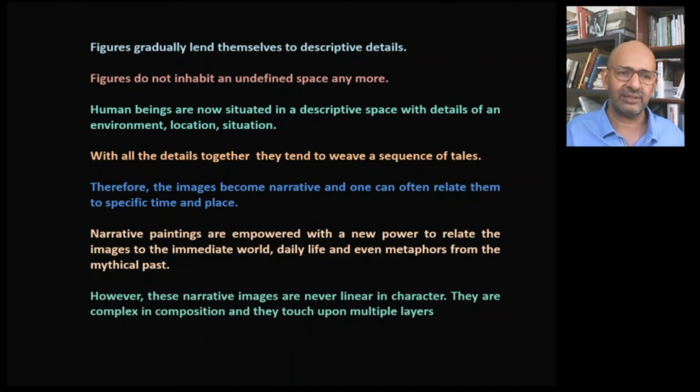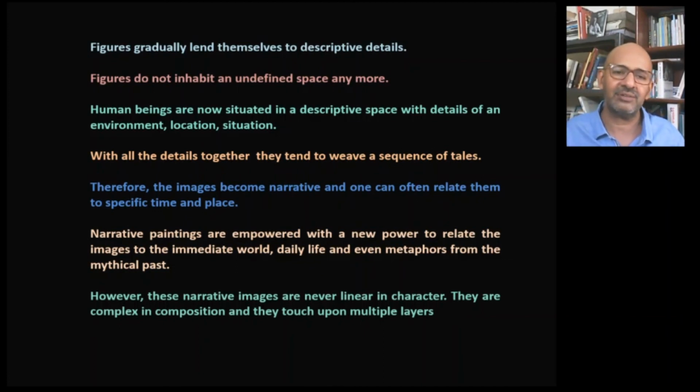Now slowly we shall see from the 1980s, figures would gradually lend themselves to descriptive details. Figures do not inhabit an undefined space anymore. In the case of narrative paintings, even the background space will have a lot of details with which we can associate and relate.